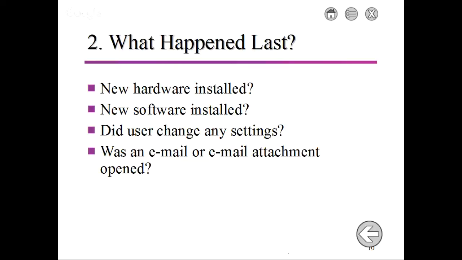A virus, in other words, or malware, as it's often called. And it goes by different names, but some kind of a program that is harmful to your computer. So those are all things to consider when you ask that question, when you ask the user or ask yourself about the history of the computer and what happened just previous to the problem.